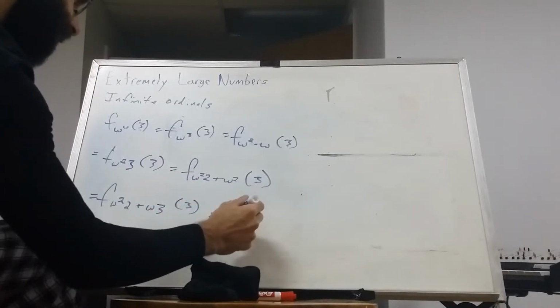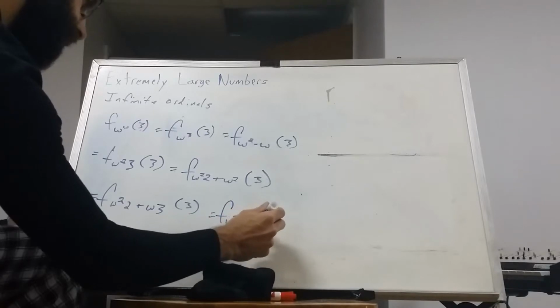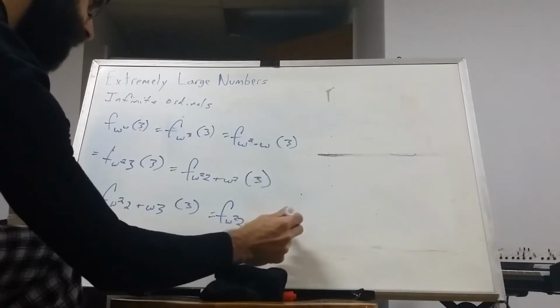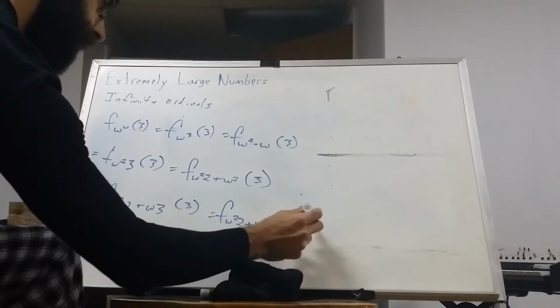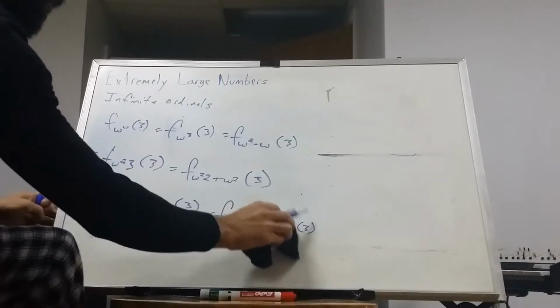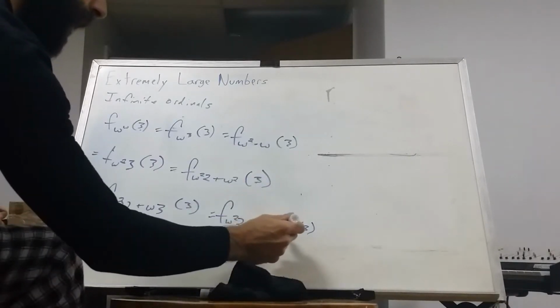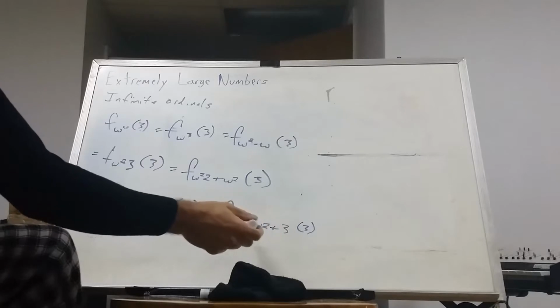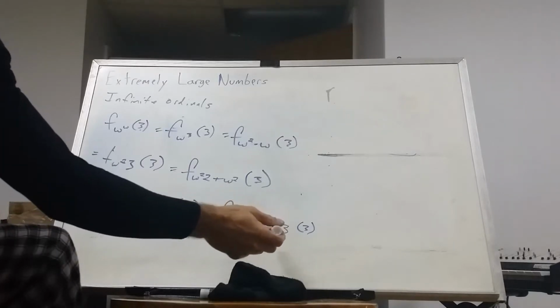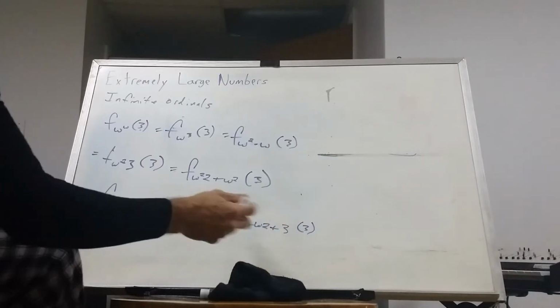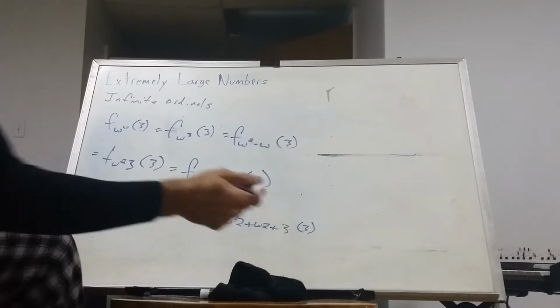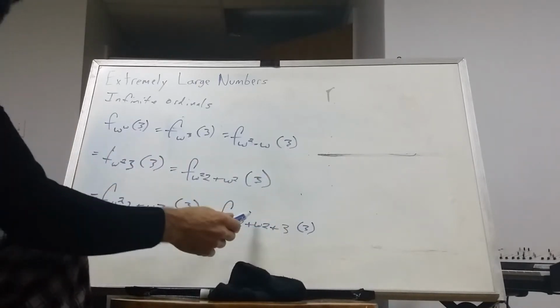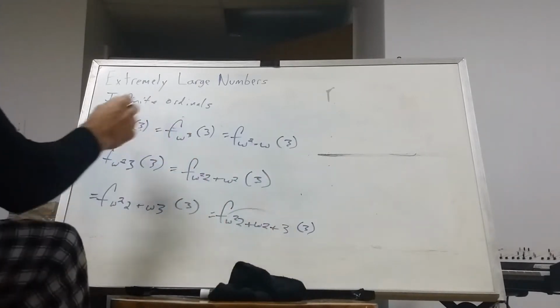Let's do that. Plus omega. And finally we have this final one which we can turn into a 3. And we have a number finally that's not an infinite ordinal, and we can start doing our recursion with our fast-growing hierarchy. So finally we get something we can work with. So this comes from this.